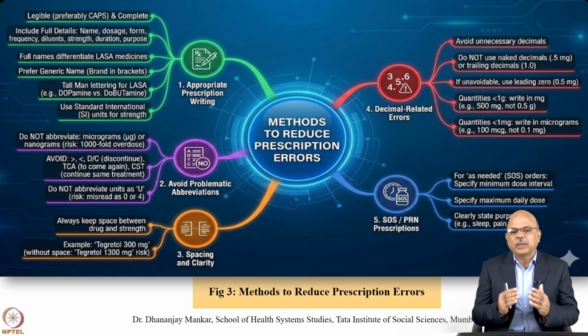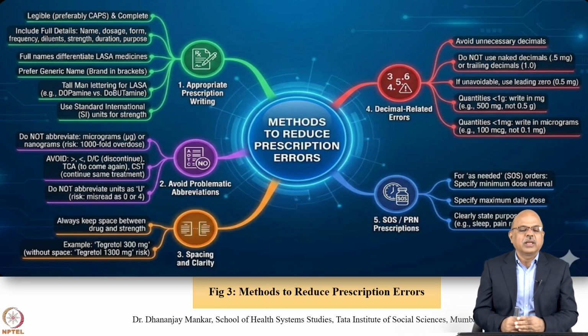What are the issues with spacing and clarity? Always keep a space between the drug and the strength when you're writing, so that it can be seen very clearly. For example, Tegretol 300 milligram. Without space, it can be read as Tegretol 1300 milligram, which can be a risk, as we have discussed in the previous slide also.